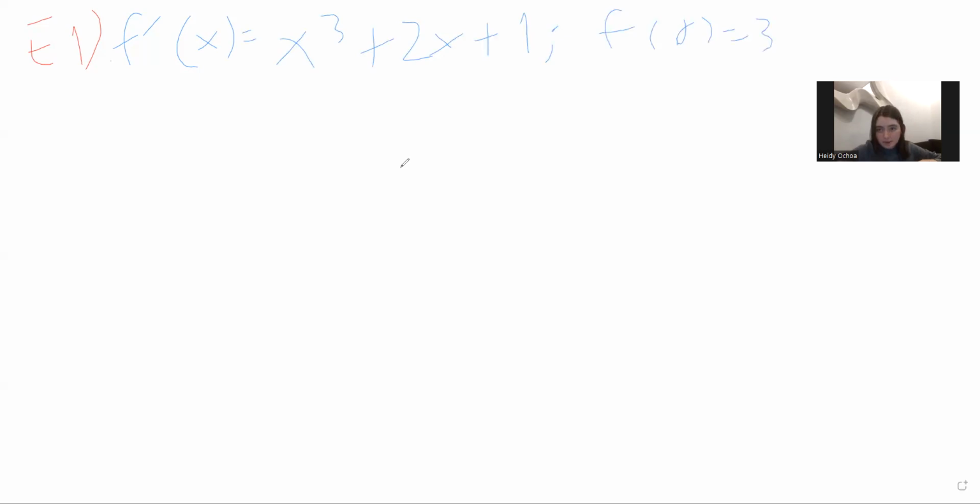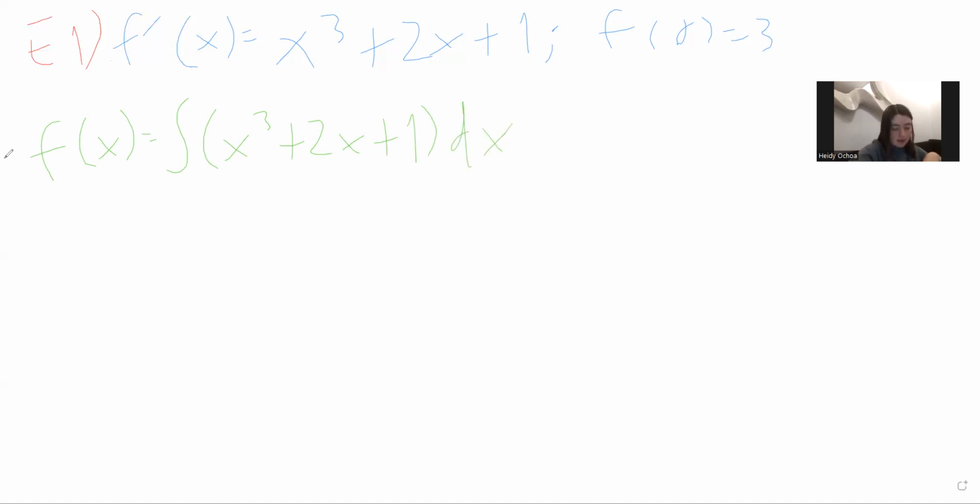So to solve this particular antiderivative function, we'll need to rewrite f of x equals the integral of our function, x^3 plus 2x plus 1, dx.